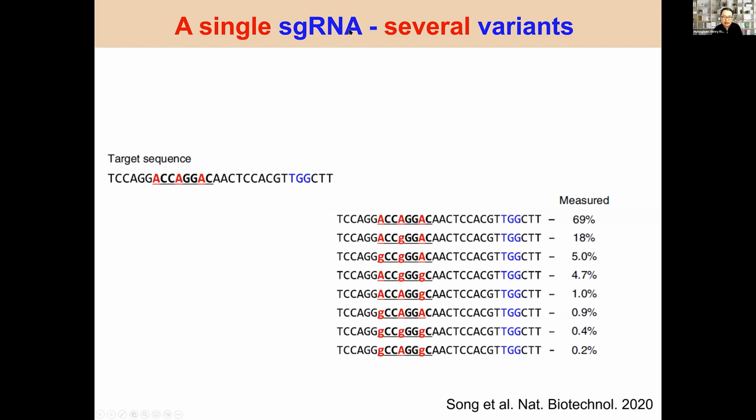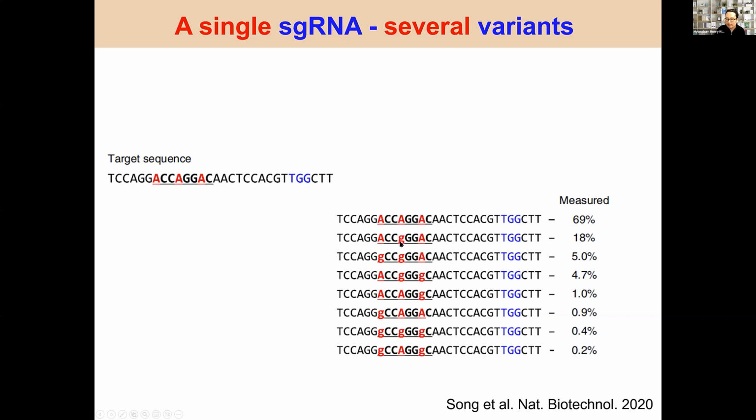But so far, we have classified only guide RNAs. A single guide RNA can induce several variants. For example, here, this is the PAM sequence. And if you use the adenine base editor, ABE, this is the target window. The target window is not a single base pair; it ranges over several base pairs. In this window, we have 3 A's. All of them can be converted into G, but that is a minor case.